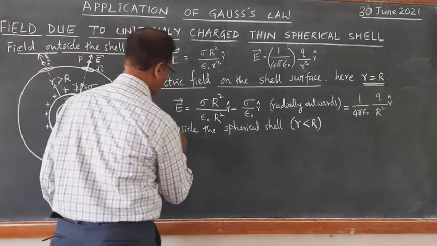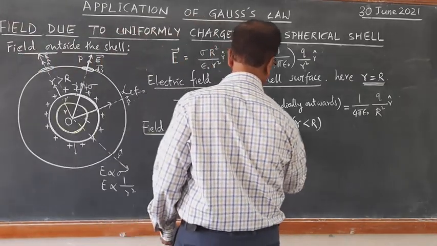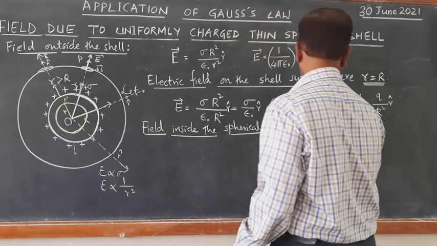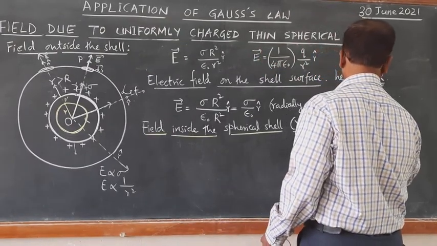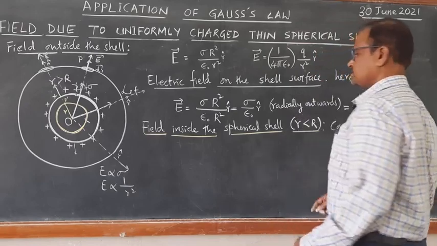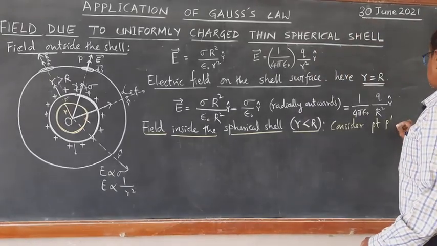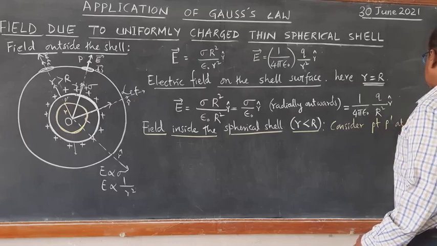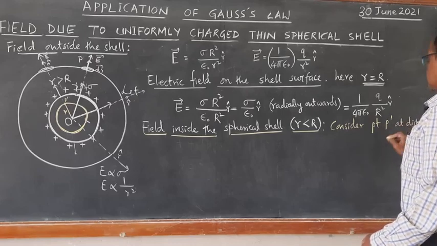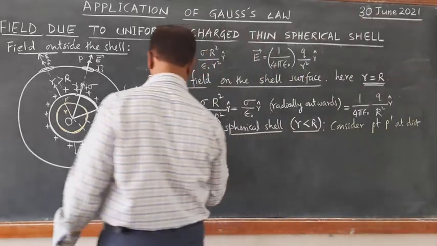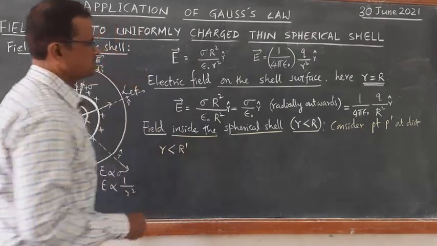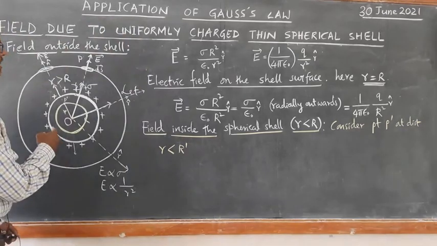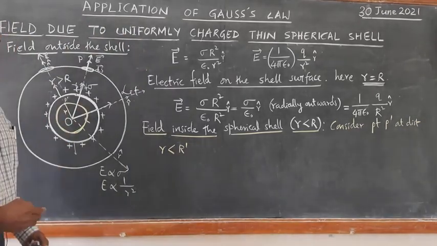So, to find the field inside the spherical shell, consider point P dash at a distance r less than capital R inside the shell, right?